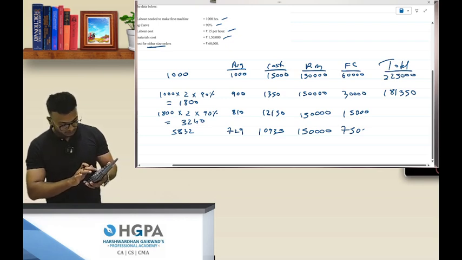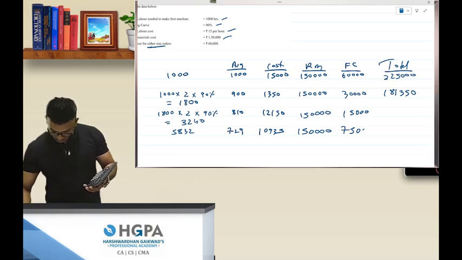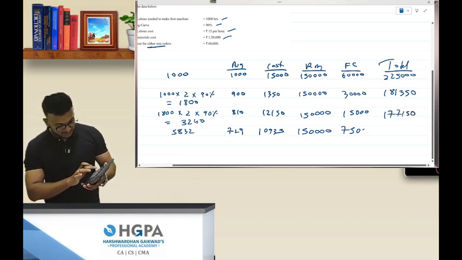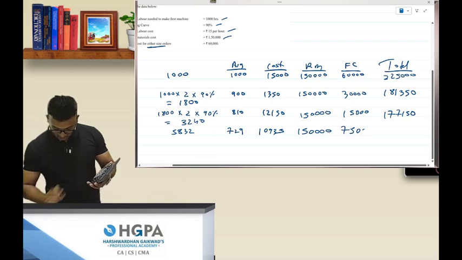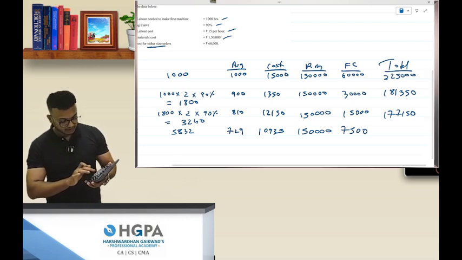Next, 15,000 plus 1,50,000 plus 12,150 will be 1,77,150. Then 7,500 plus 1,50,000 plus 10,935.